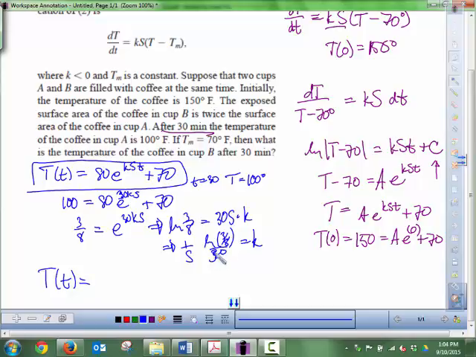So our new and improved function is 80 e to, we just found k, and the s's will cancel. And so whatever this is, did you guys figure this out yet? I heard a little bit of calculator noise.